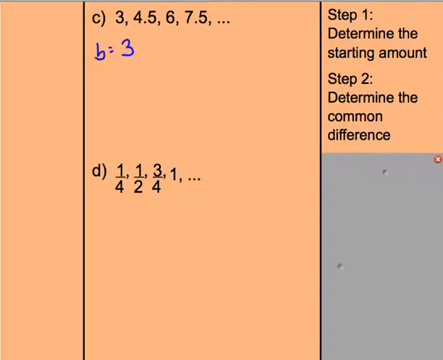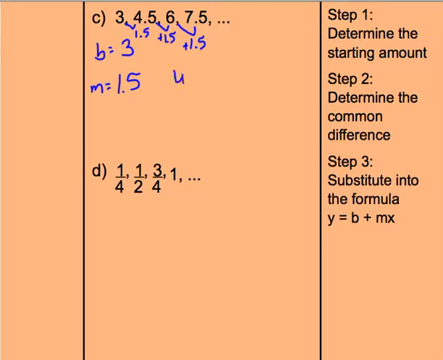So we have 4.5 minus 3 is 1.5. 6 minus 4.5 is 1.5. And 7.5 minus 6 is 1.5. So our amount of change is 1.5. Substituting those into our formula, we get an equation of y equals 3 plus 1.5x.